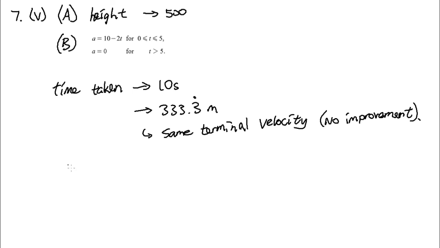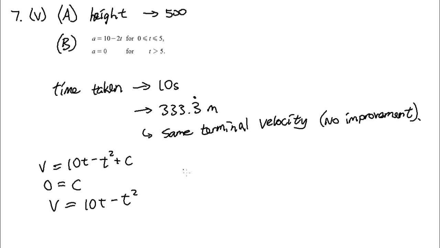Do practically the same thing. 10t subtract t squared, because it's 2t squared divided by 2, plus c equals phi, and phi initial is 0, so c is also 0, and therefore phi is 10t take t squared.